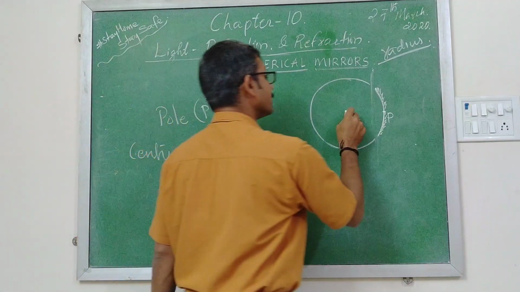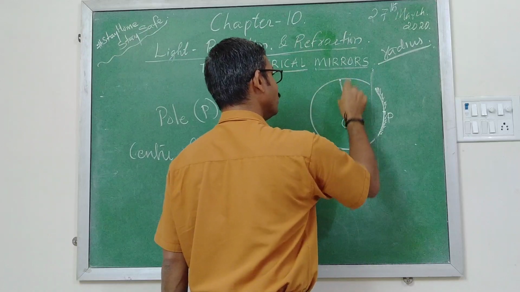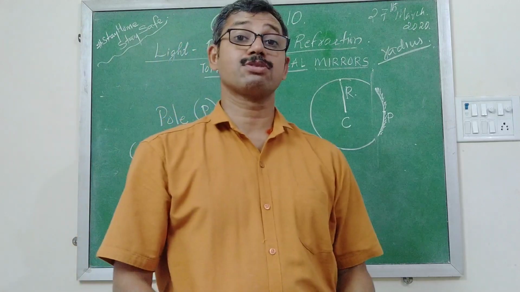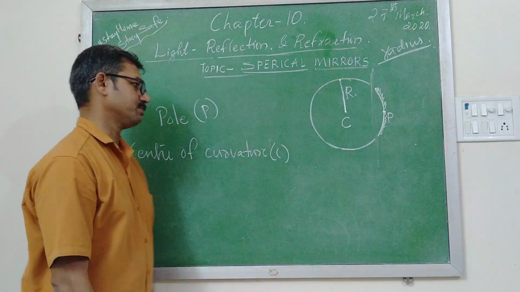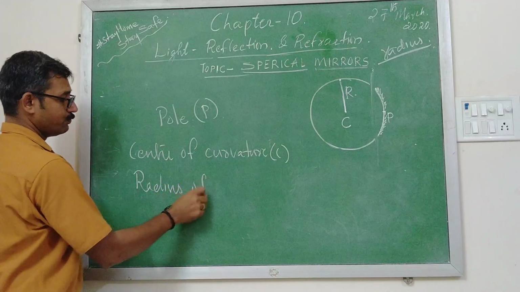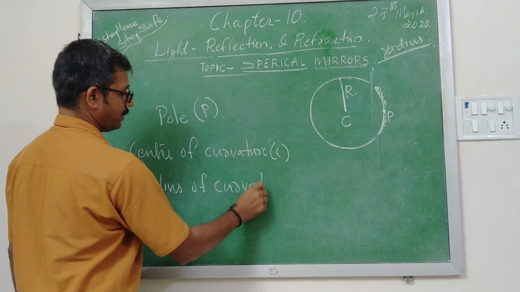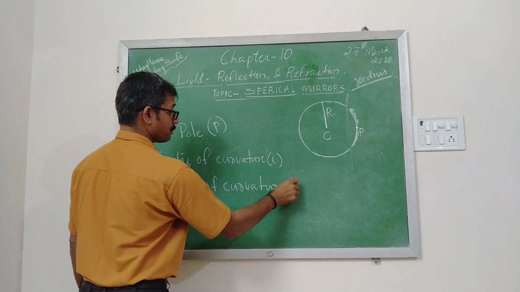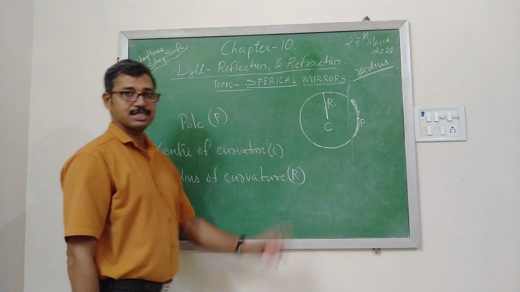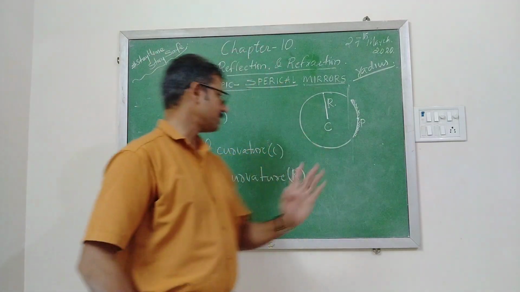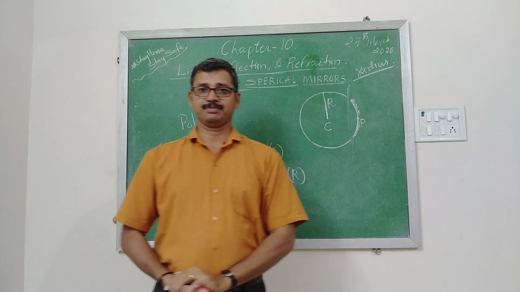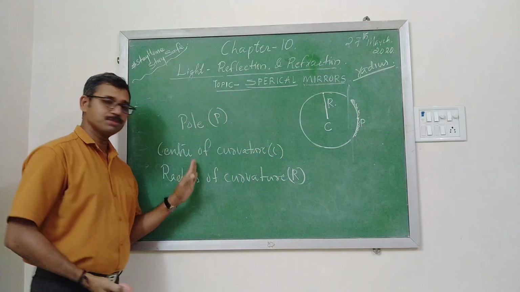The radius of the sphere of which the mirror is a part is called the radius of curvature. It is represented by R. Hope you understand three terms.